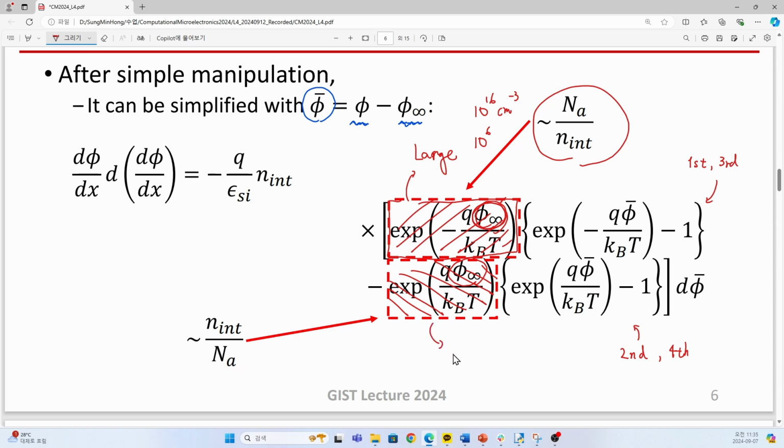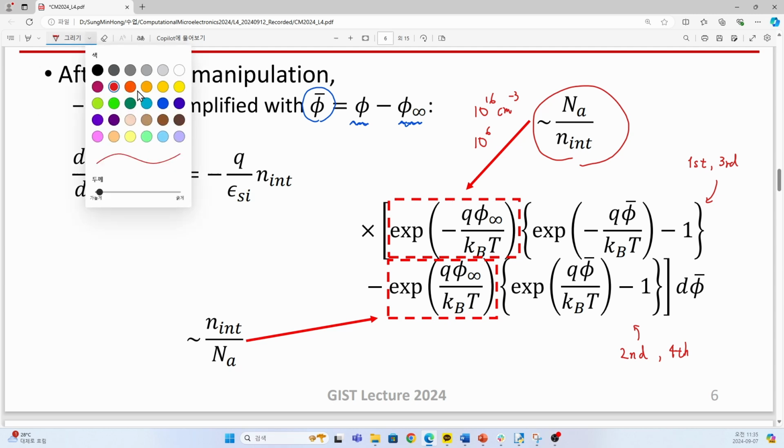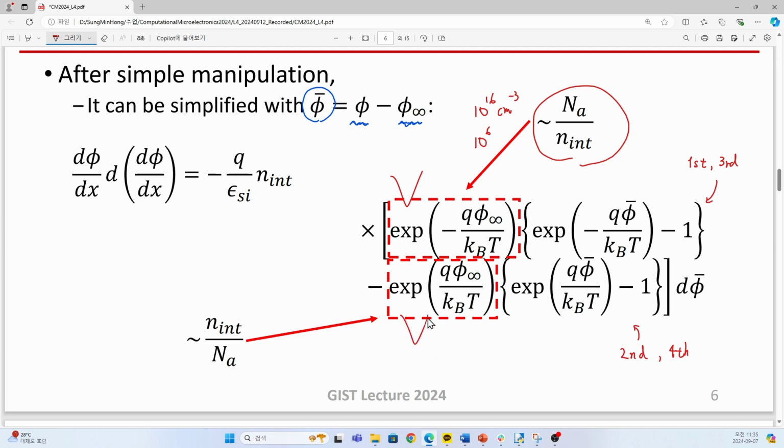In this example, it corresponds to 10 to the minus 6, the inverse of the first one. So if we consider just the leading coefficients shown here, of course, this term is much larger than that.